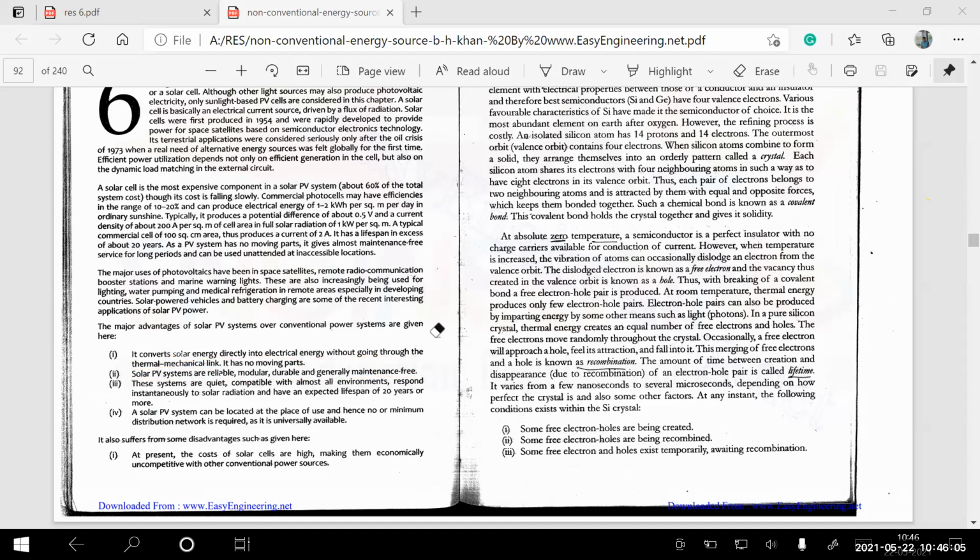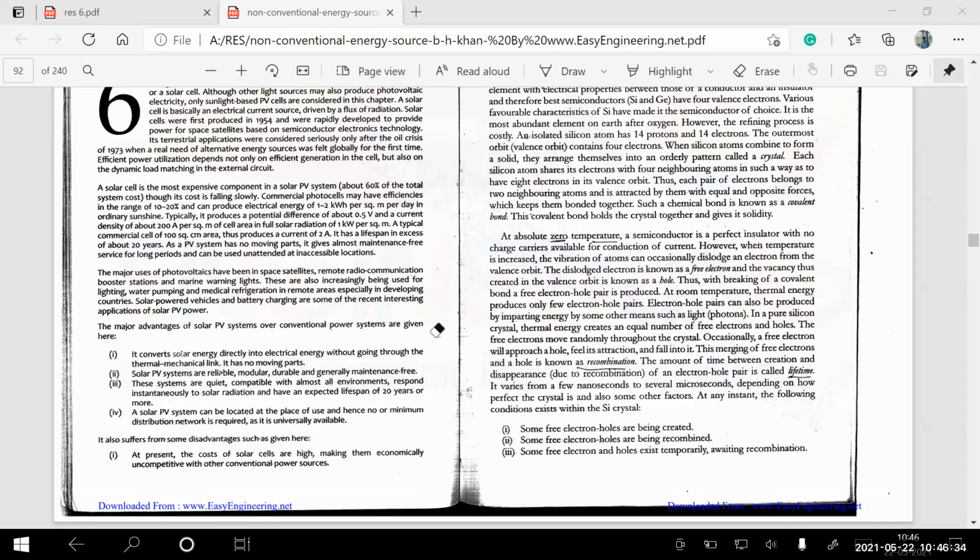So generally, whenever a project is made for solar, it is for 20 to 25 years. A solar PV system can be located at the place of use and hence no or minimum disturbance to the network is required, as it is universally available. It also suffers from some disadvantages. At present the initial cost is very high, though the generation cost is very low.